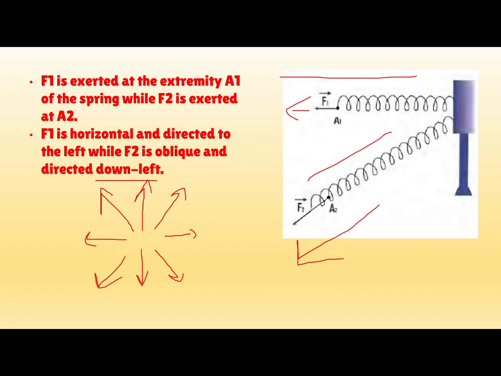So here the direction is down left. So we have the point of application, we have the line of action, which is horizontal, vertical or oblique, and we have the direction: to the left or to the right, upward, downward, up right, up left, down right, and down left.